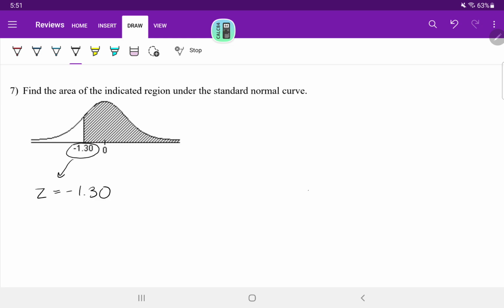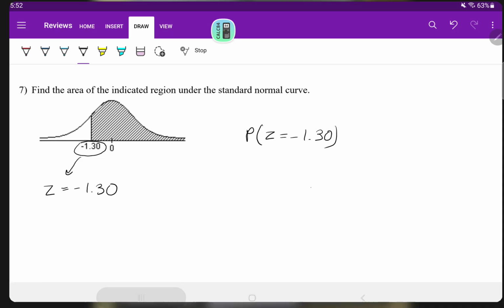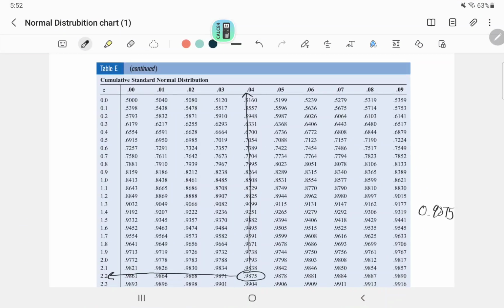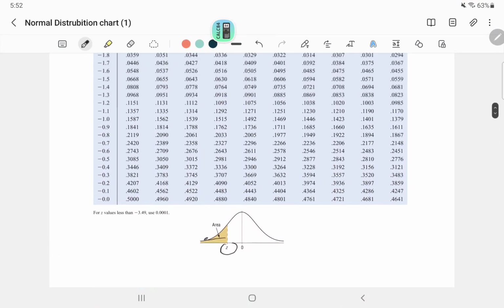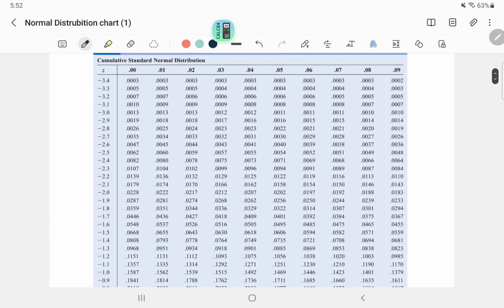So we'll see what we can do after that. Let's go onto the standard normal distribution table and find the probability that z equals negative 1.30. So it's a negative z-score. Let's go down to negative 1.3, which is right here.